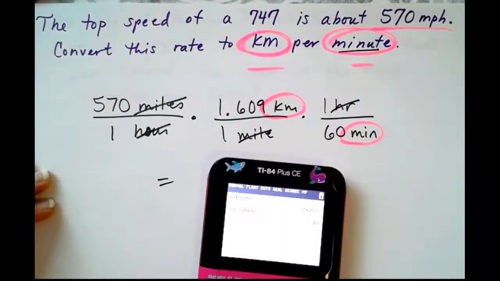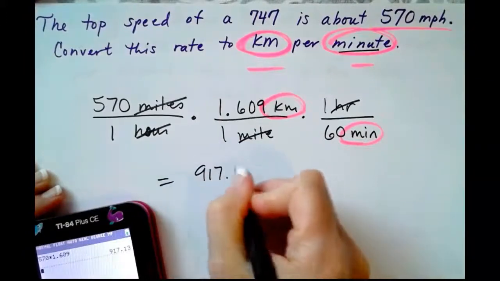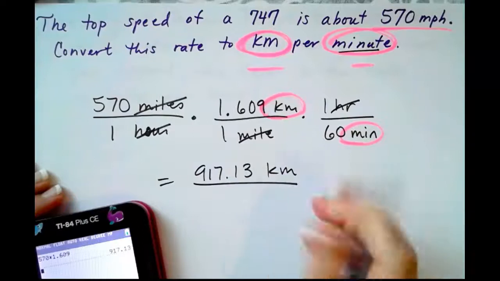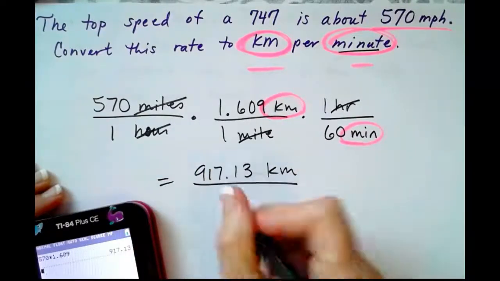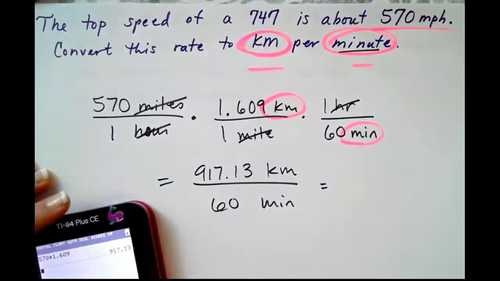So what do we have? 570 times 1.609. That is 917.13 kilometers. And 1 times 1 times 60 is 60 minutes. Now we just need to make that reduction.